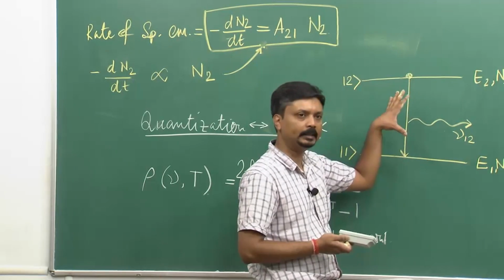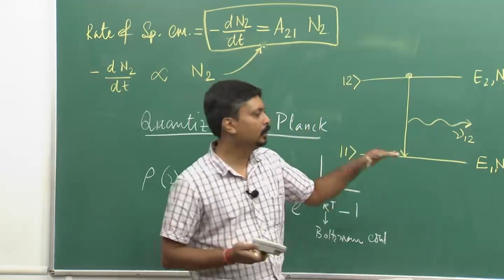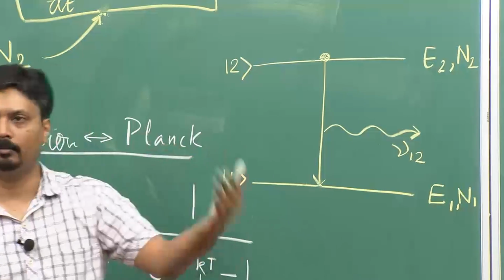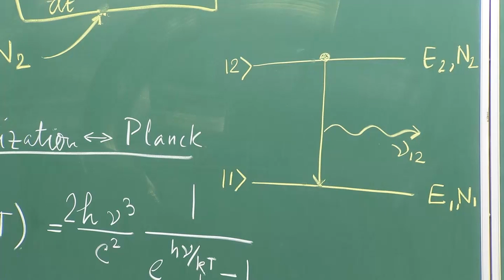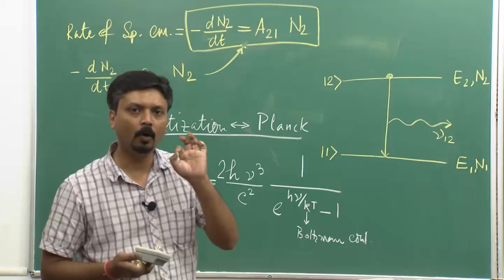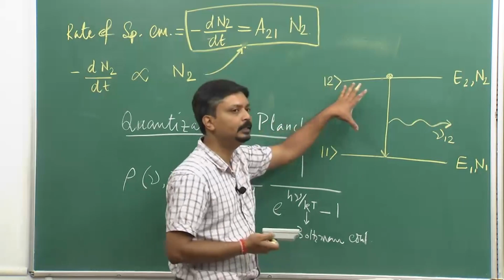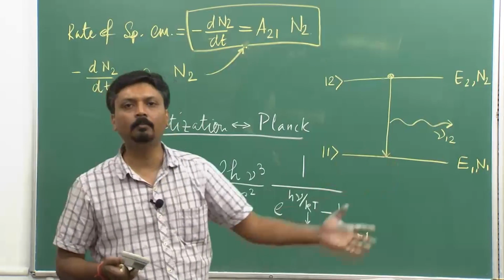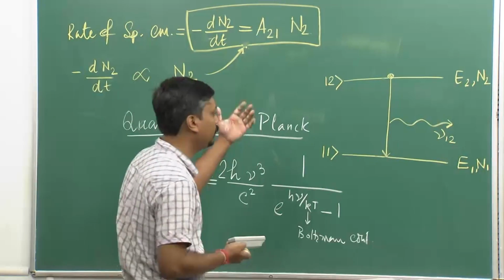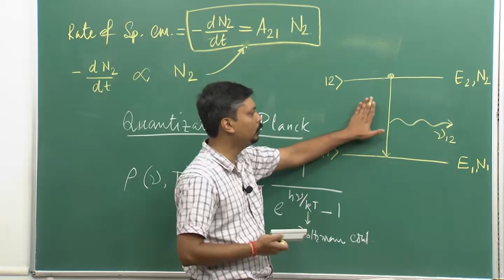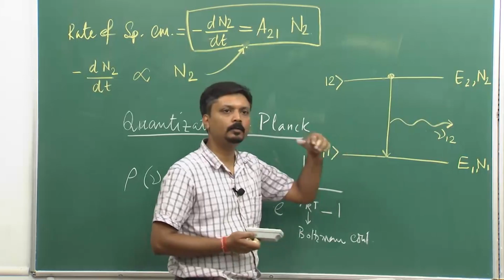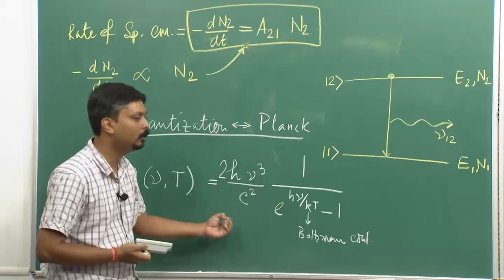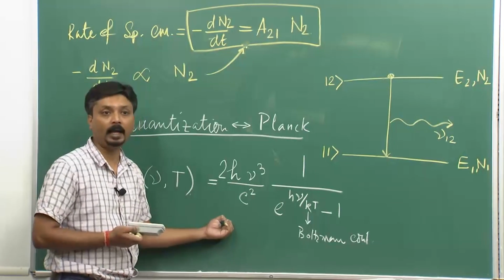This two level system we can call an oscillator. The atoms can go from here to here and absorb or emit a photon. These simple two level oscillators, Einstein took as the units that form the overall black body radiation. So there are n such oscillators constituting the whole black body radiation. What he was trying to do ultimately was, treating the black body in this way, to come to the same expression that Planck had got.